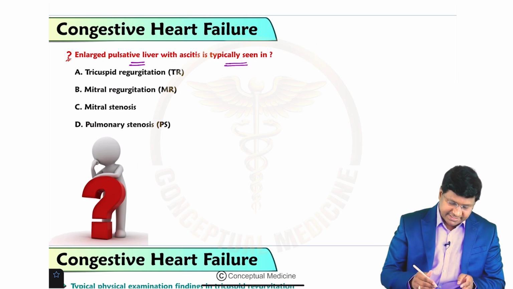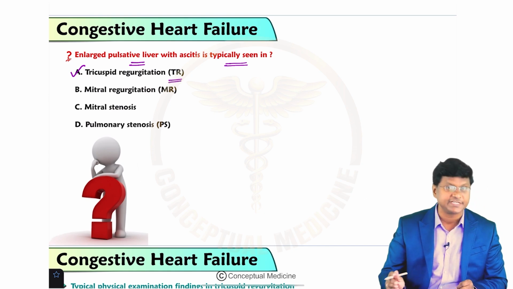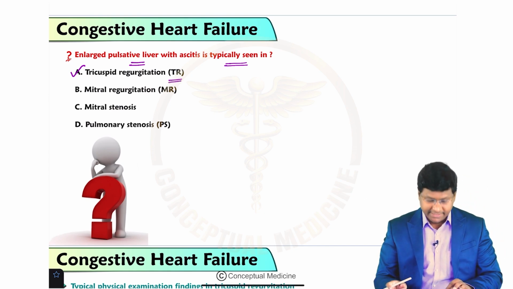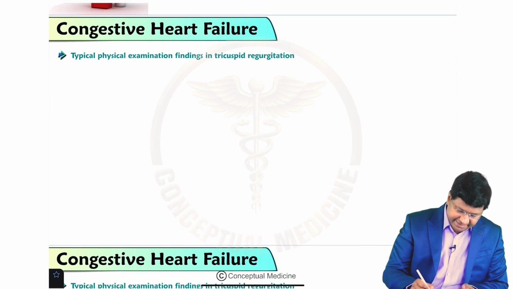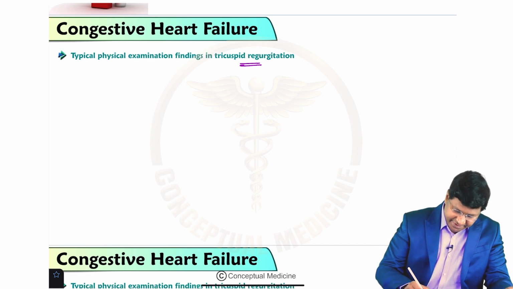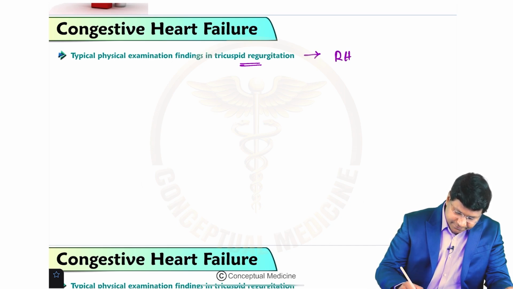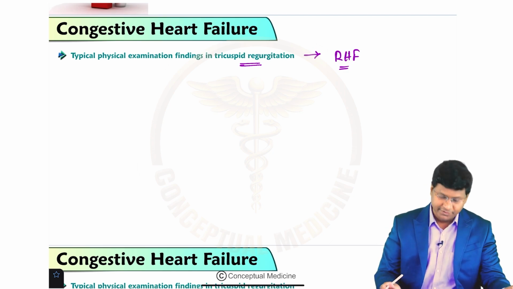So enlarged pulsatile liver with ascites is typically seen in patients with tricuspid regurgitation. Now, what will be the typical physical examination findings in tricuspid regurgitation? These patients with tricuspid regurgitation ultimately end up in right heart failure.